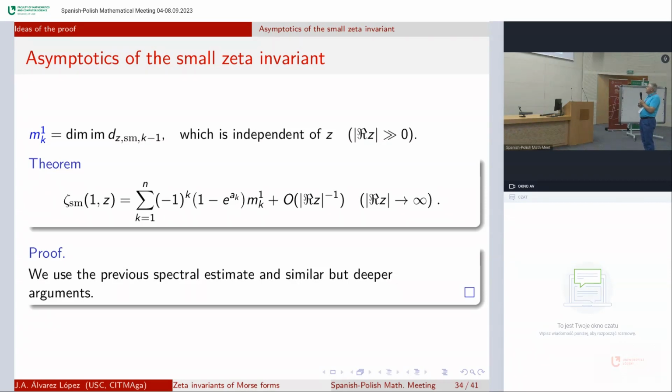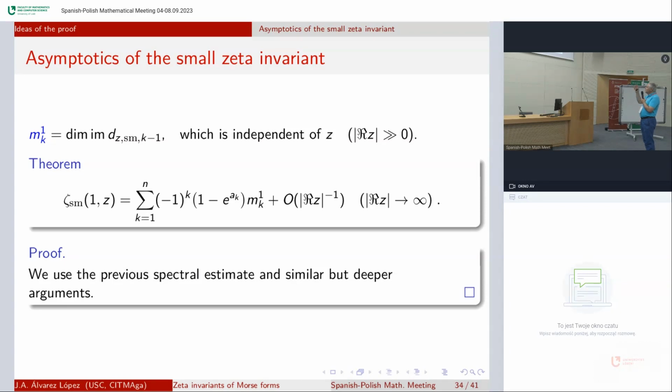And we show that the small theta function evaluated at 1 has this expression, a part which is independent of the parameter, and another part which goes to 0 with this bound, depending on the real part, as the real part of the parameter goes to infinity.